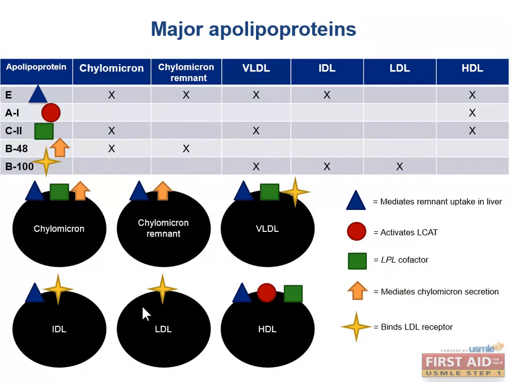LDL molecules are typically known as bad cholesterol molecules. ApoB100 isn't always your best friend. Now, if you want to be 100 someday, age 100, hopefully you don't express a lot of ApoB100 markers on your lipoproteins, because that'll dump off all of your cholesterol to other cells.